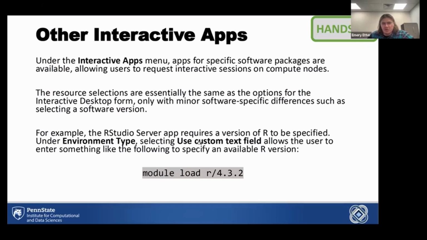And again, you only really need to use this custom field dropdown if you're trying to load extra things into your environment. Now, if you just want a typical R session, you can also just choose the predefined environments and just select an R version directly from there.